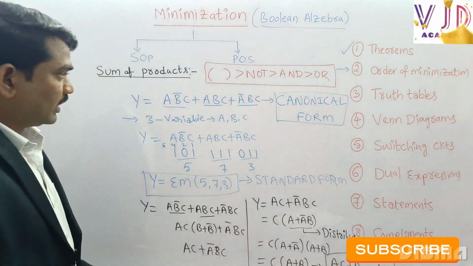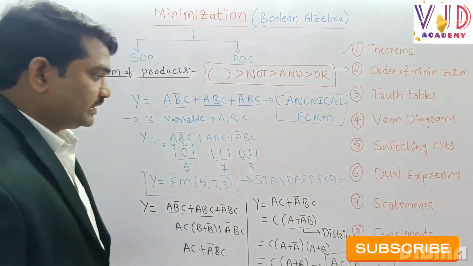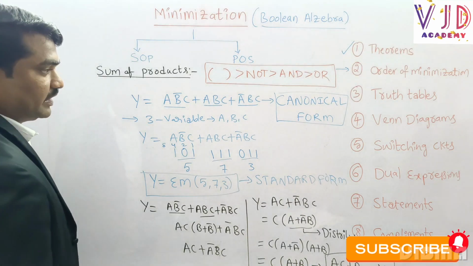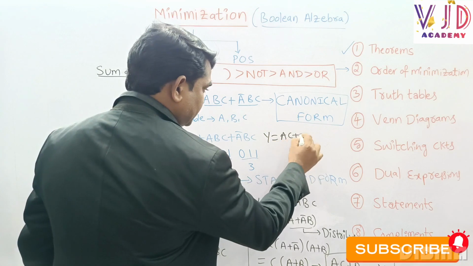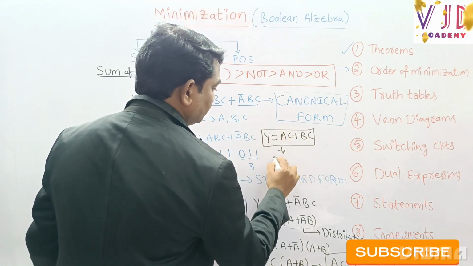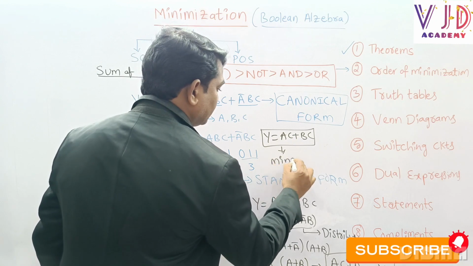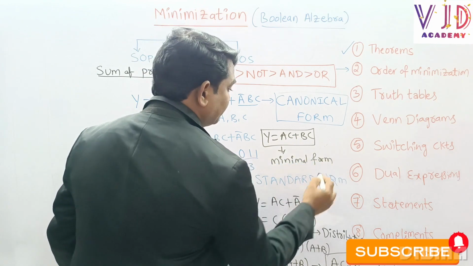So now I can write that this equation y equal to AC plus BC is minimal form. Here y equal to AC plus BC is called minimal form, or minimized form.